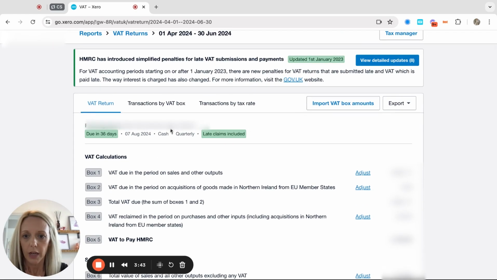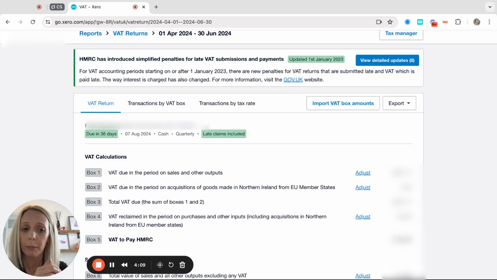The next thing to check is your basis. You've got cash and accrual basis. Accrual is based on the date the invoices are raised and your bills are raised. The date for bills would be the date that people give on their invoice to you.